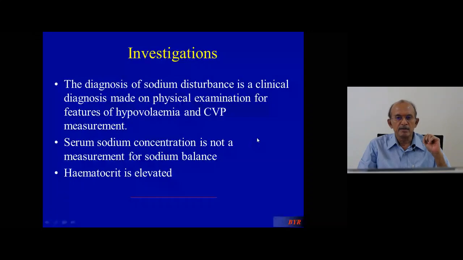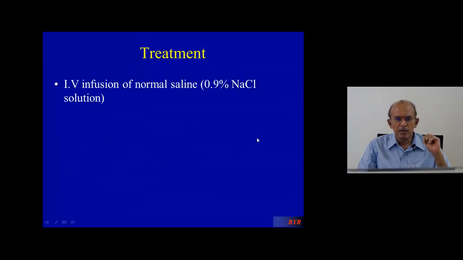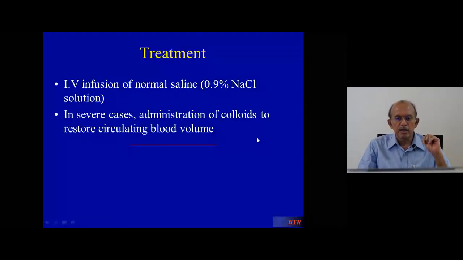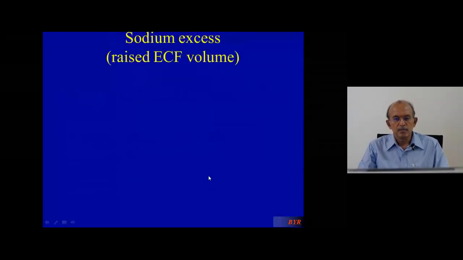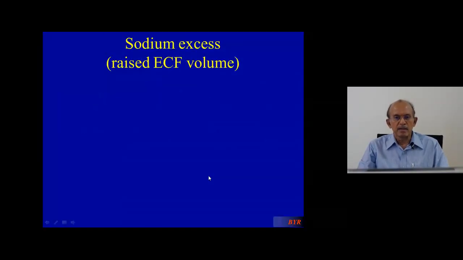Hematocrit is elevated. Treatment: IV infusion of normal saline. In severe cases, administration of colloids to restore circulating blood volume. Then sodium excess. So whenever there is sodium excess, there will be raised ECF value.